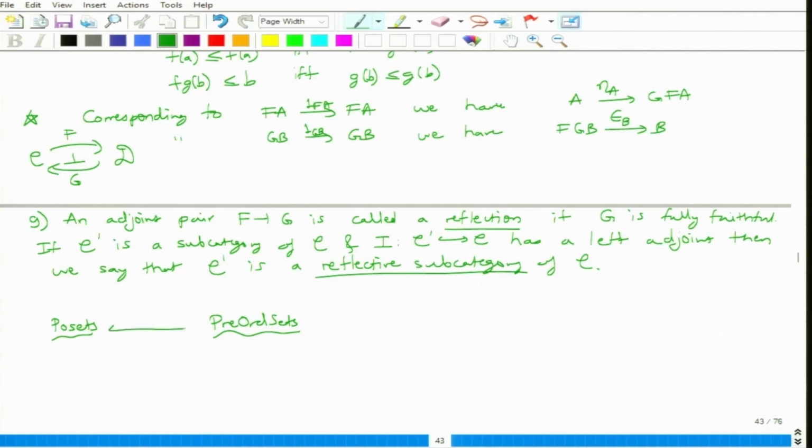So posets to pre-orders, obviously there is an inclusion functor, but if you go in the reverse direction, pre-ordered sets to posets, how do you go like that? We take the equivalence class, identify elements whenever they are both less equal. So this is the posetal reflection. I'm not going to write a name for this, but you understand what I'm saying.